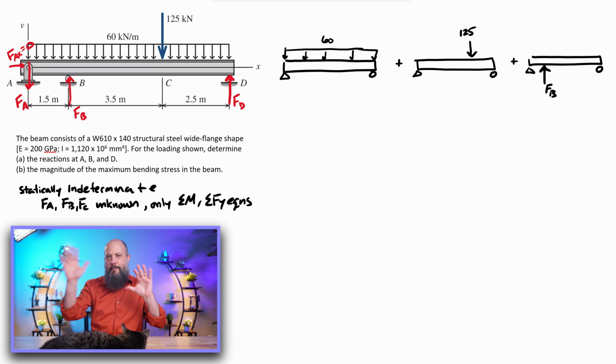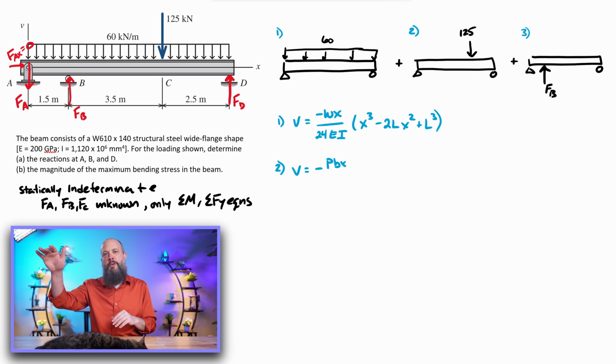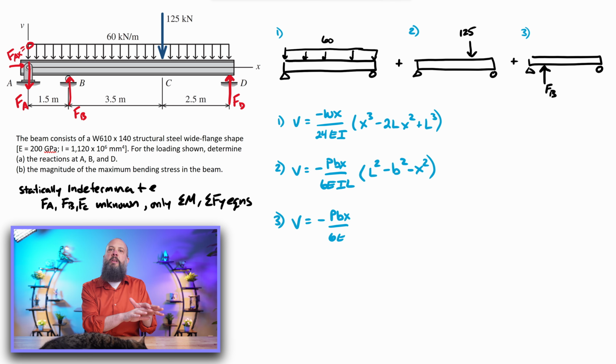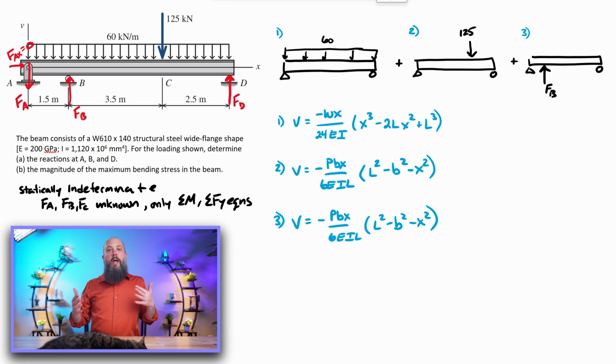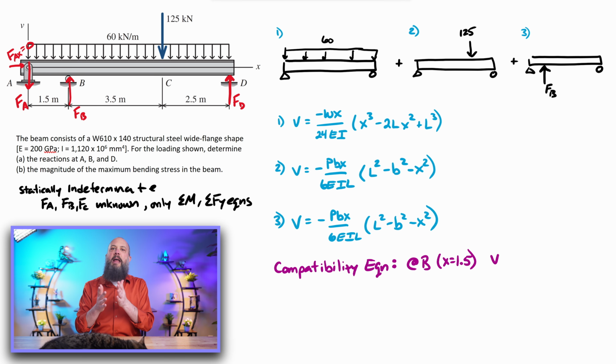All right, so I got my tables, I got my 3 equations written down, 1 for the distributed load and 2 for the point forces. Now, the way I'm going to be using these is via a compatibility equation. I know that from all 3 of these forces pointing in different directions, the deflection at point B has to be 0 because there's a roller joint there.